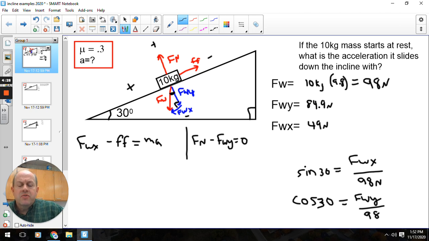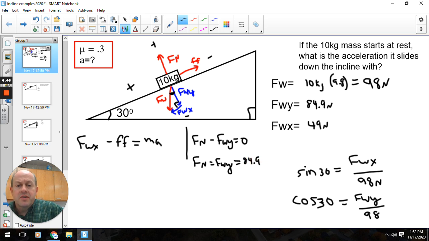Okay, now we have some stuff that we can start to put into our equations. So we know force normal is going to equal force weight y, which over here we know was 84.9. Okay, so that's set up there.